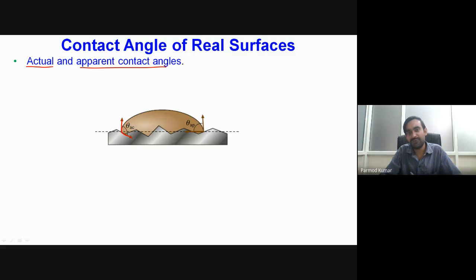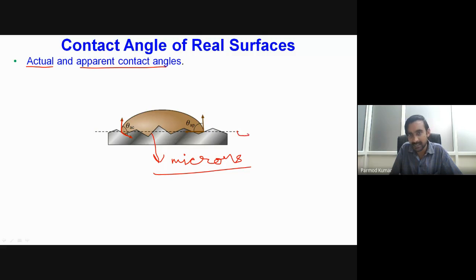When we do experimentation at the macroscopic scale, the surface roughness is in the order of microns. So when we do our experiments at the engineering scale, we will not be able to determine these small roughness values. Rather, we consider this surface as a flat surface.